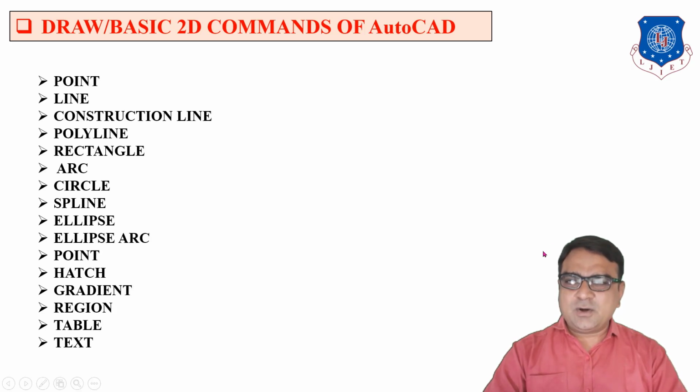These are the basic draw commands: point, line, construction line, polyline, rectangle, arc, circle, spline, ellipse, ellipse arc, point, hatch, gradient, region, table, and text. Now let us see how to use all these commands for drawing in AutoCAD software. Let us start.